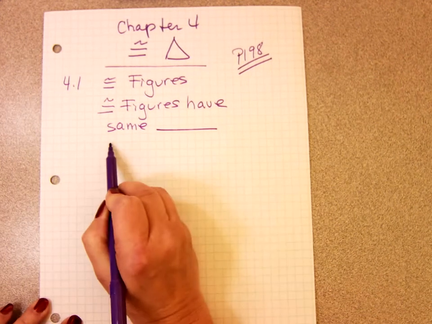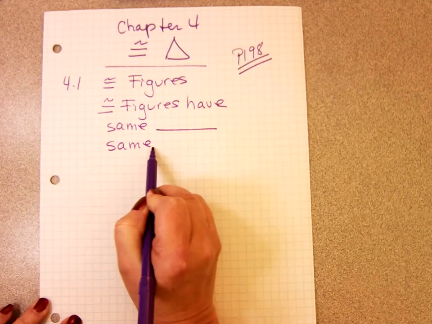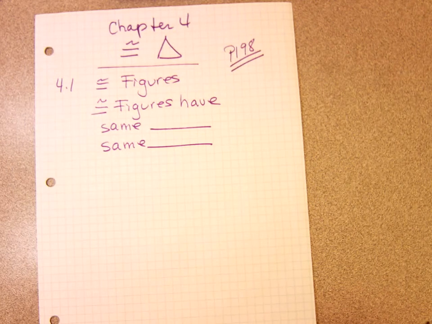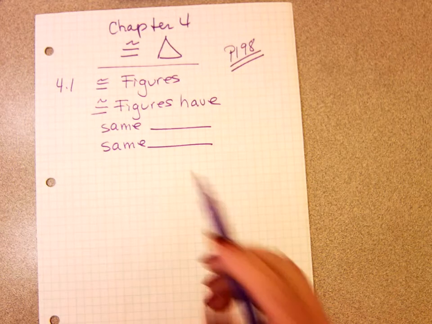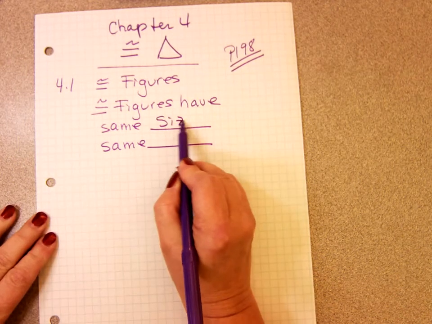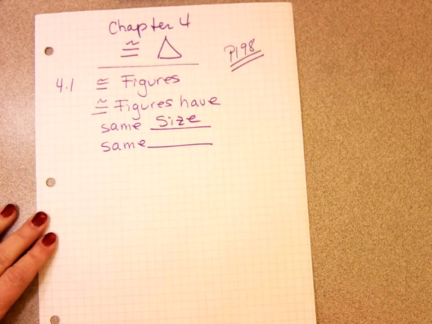So the definition of congruent tells us that congruent figures have two things that are the same. Anybody remember what that is, Anthony? Angle. If they have angles, yeah. Same size. Same size and same shape.